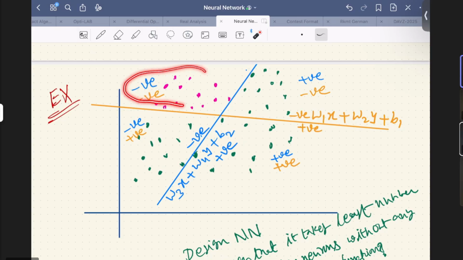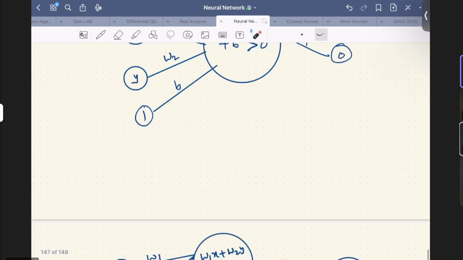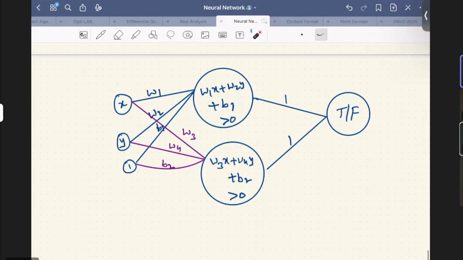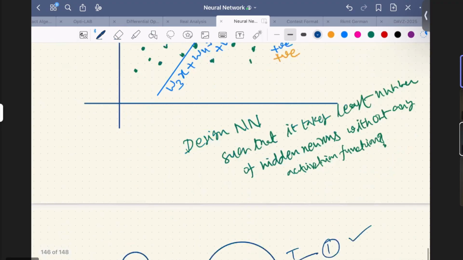So this would be a false and false region. How do you adjust this to get a separation with a single negative, negative, false?